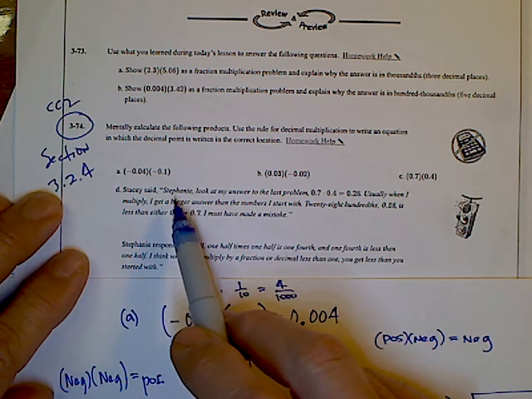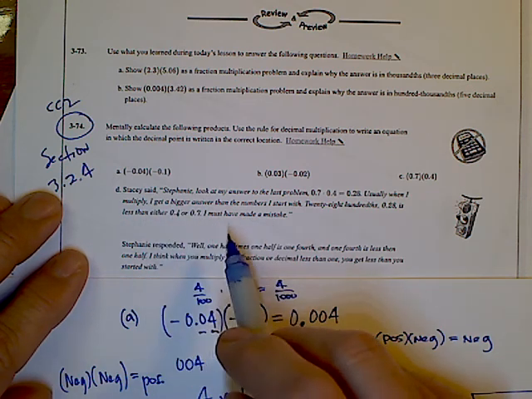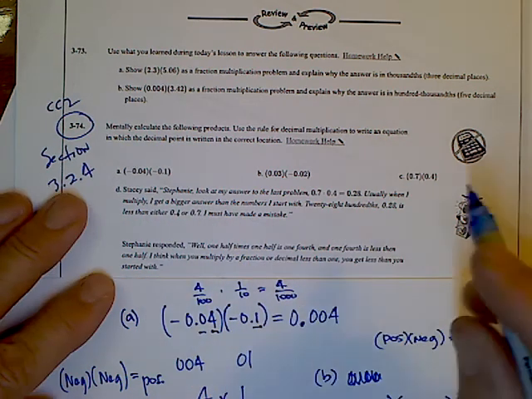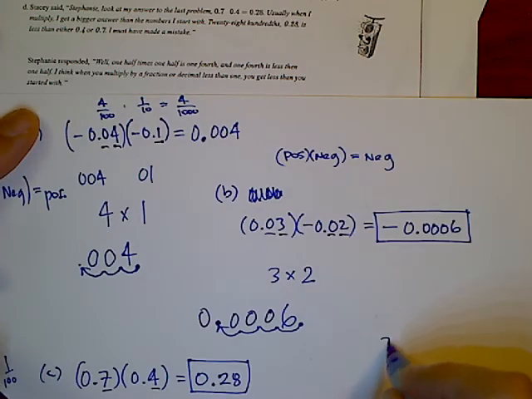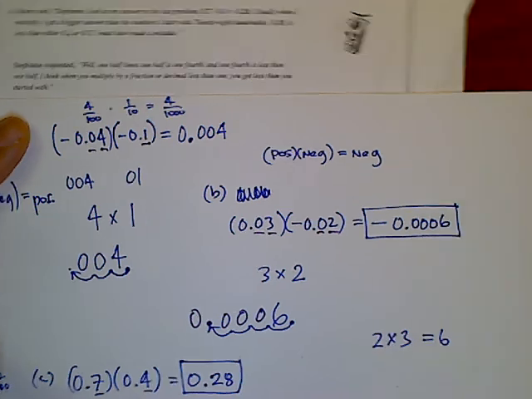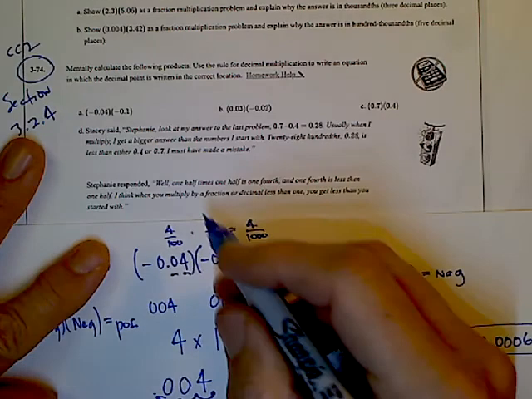So Stacy's saying, normally when I'm doing multiplication, I'm getting bigger numbers, right? Which makes sense when you're multiplying integers. If I'm saying 2 times 3, I get 6, right? If I'm multiplying integer values or whole number values, I'm going to get a larger number when I'm multiplying. But in this case, that's not the case.